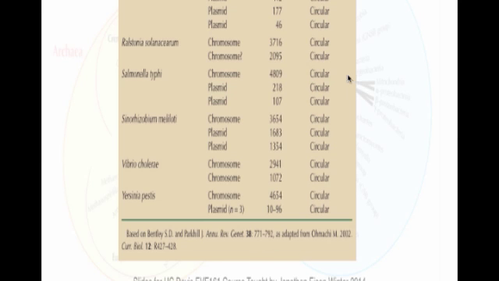And so if you look at this table, for example, Vibrio cholerae, when the genome was sequenced and I was part of this project, they discovered that there were two big circular pieces, one about 3 million base pairs, one about 1 million base pairs. 95% of what you would call housekeeping genes are on this 3 million base pair genetic element.